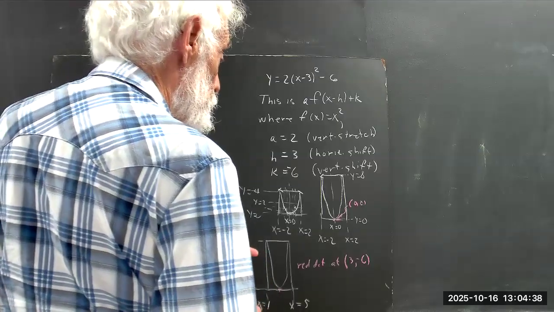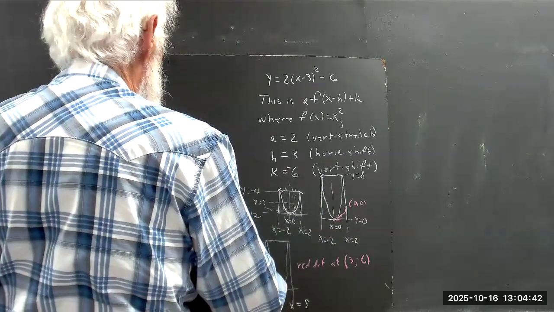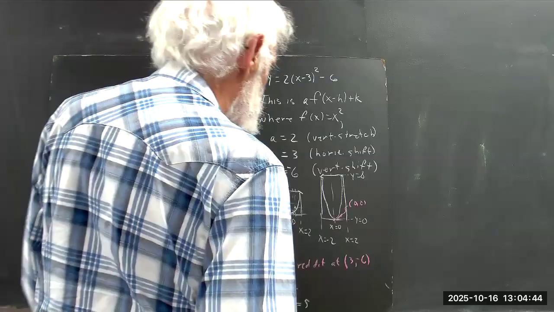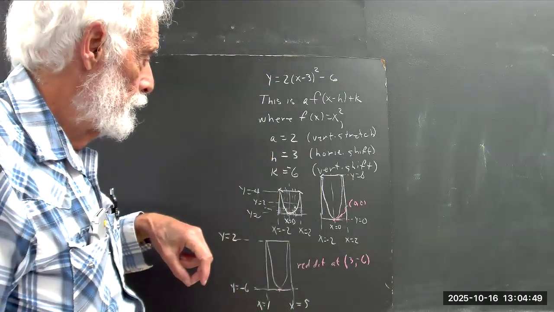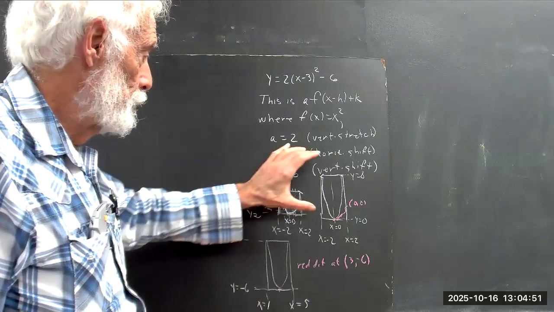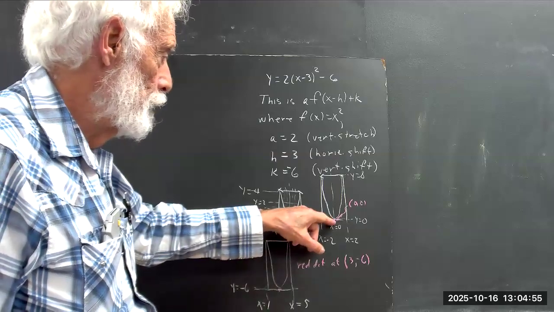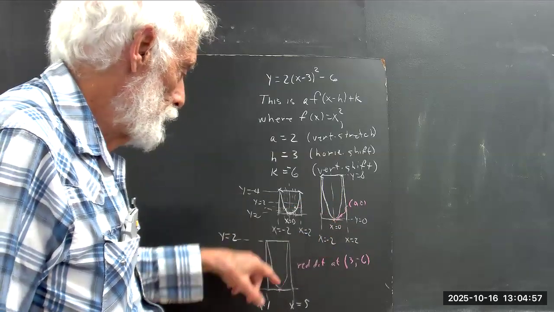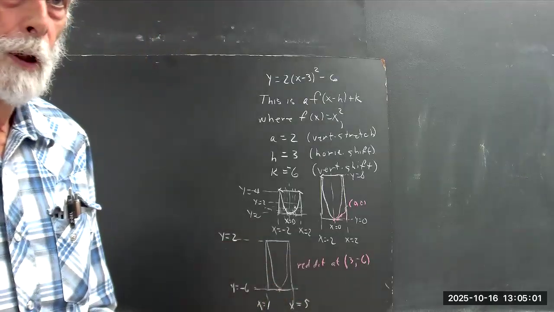And what's y here? Well, this thing is 8 units high, so this has to be y equals 2. So we take the 4x4 rectangle, vertically stretch it to get an 8x4 rectangle, and then shift the red dot at the origin to the point 3, -6, and we have an approximate graph.